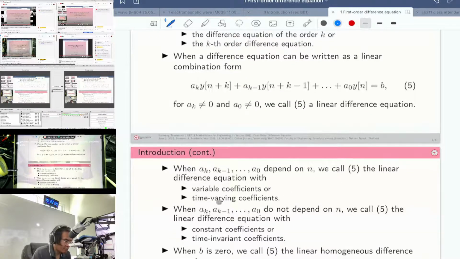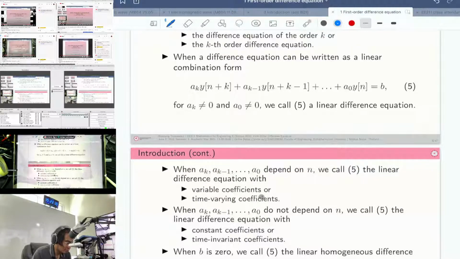We have a variable coefficient because a_{k-1} to a_0 may be time varying coefficients. It can happen that a_k depends on k, right? a_{k-1} also depends on the sample, which depends on time. So it's known as time varying coefficient.